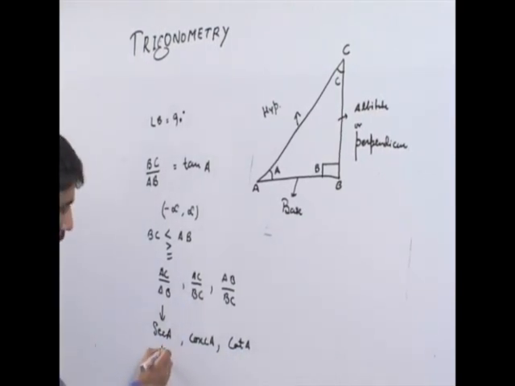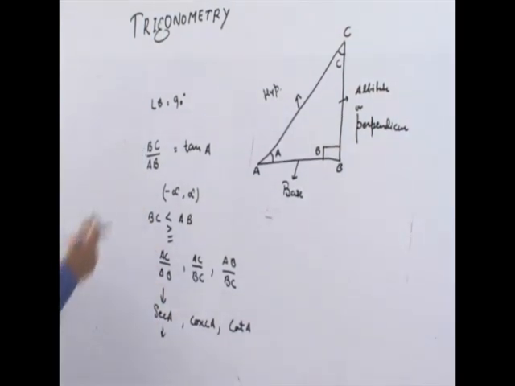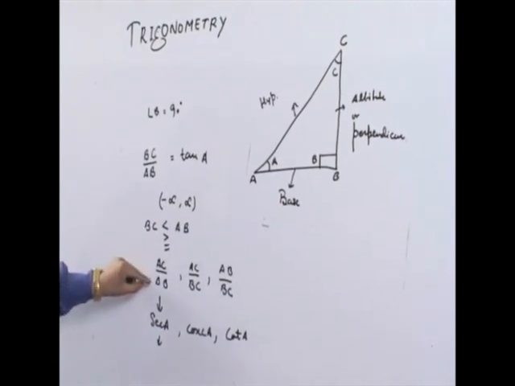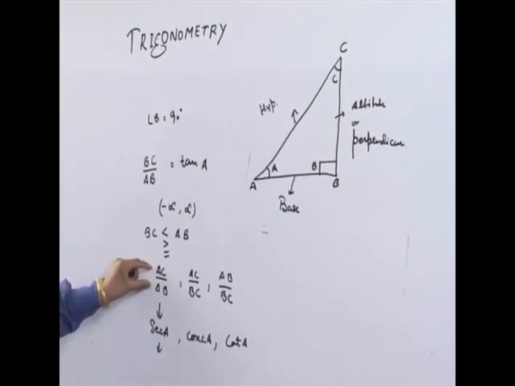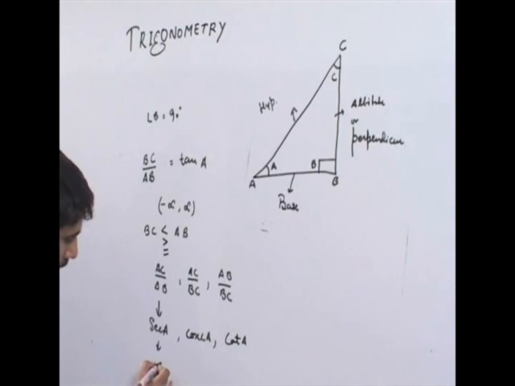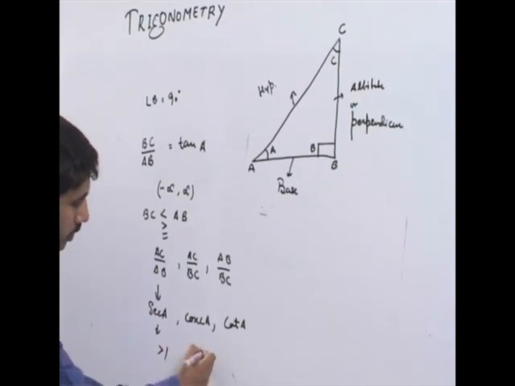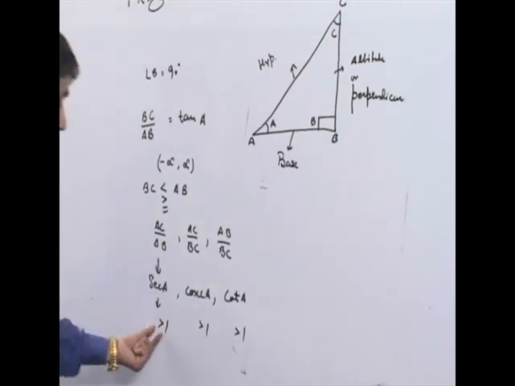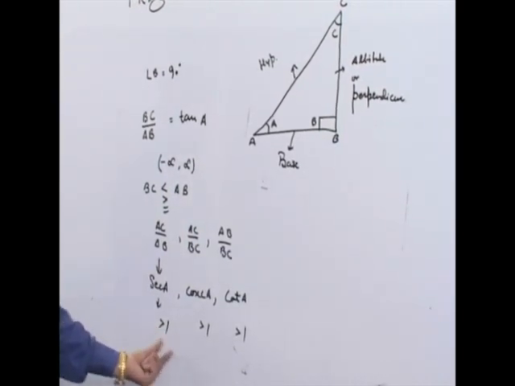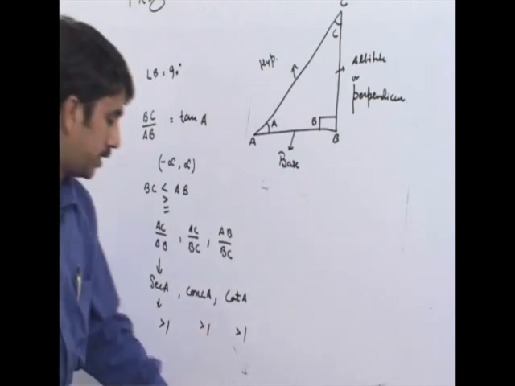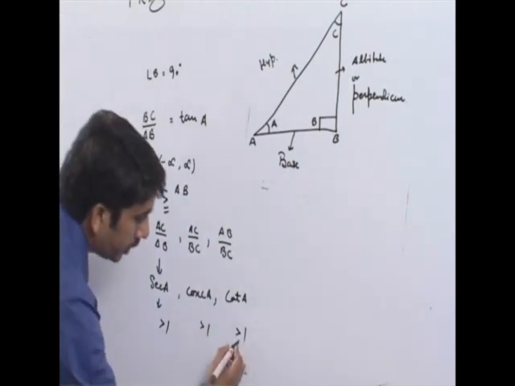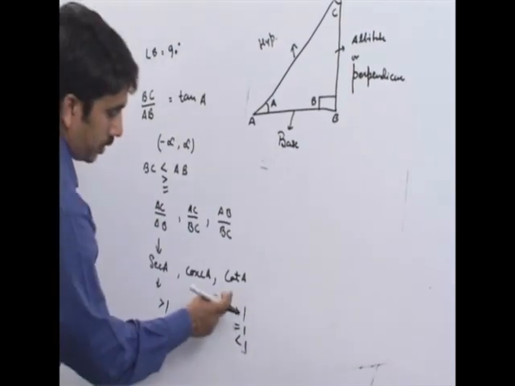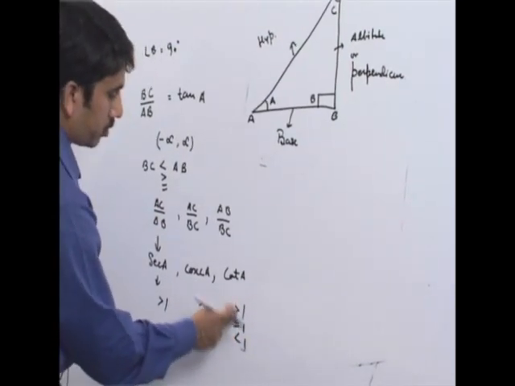And its values: since AB over AC is less than 1, AC over AB is always greater than 1. But if we take a negative angle, then it can be less than -1.